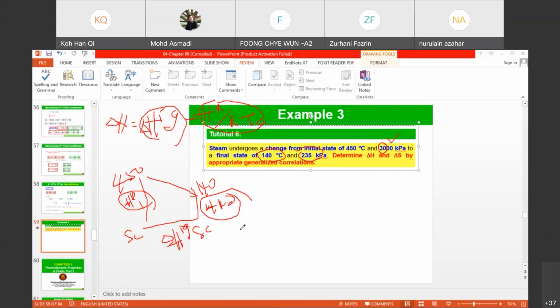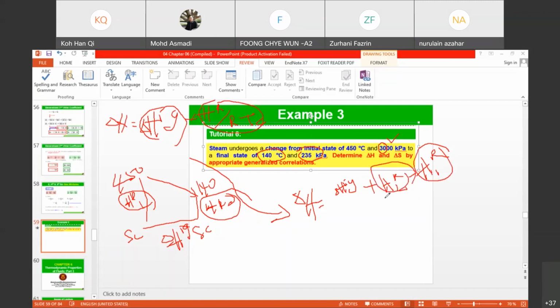So your equation: delta H equal to delta HIG plus RTC times, sorry, let's make it H2 minus H1R. So you can use virial.